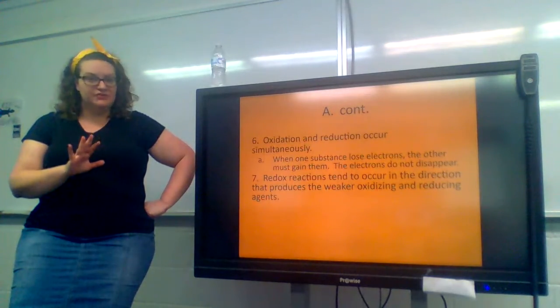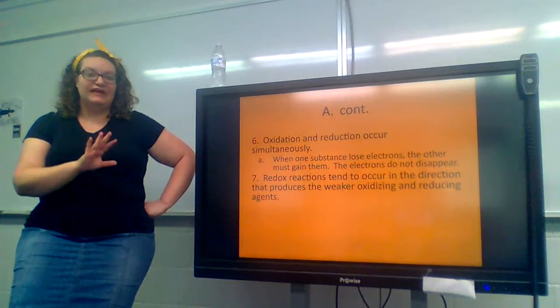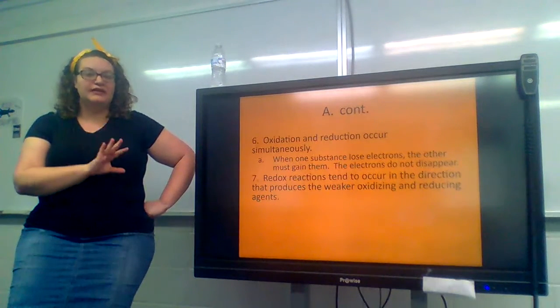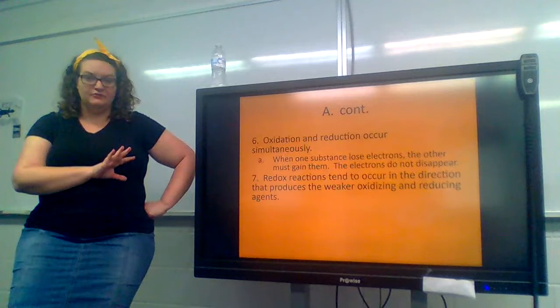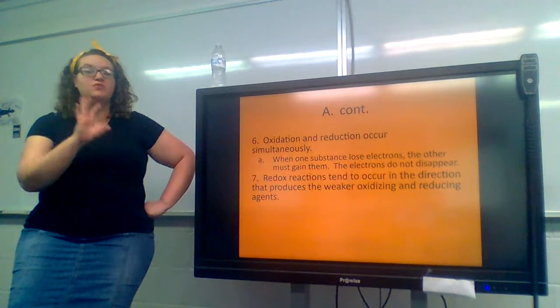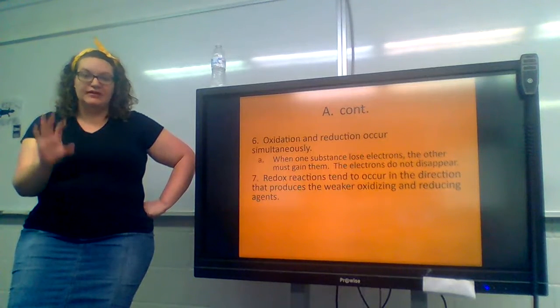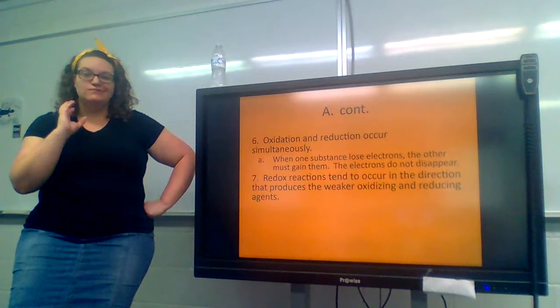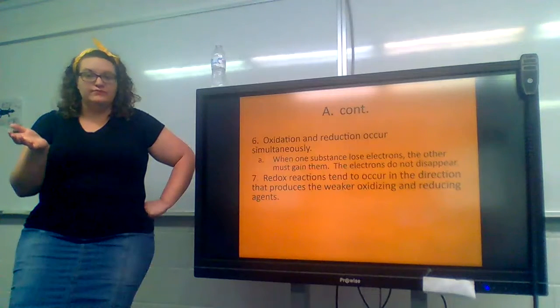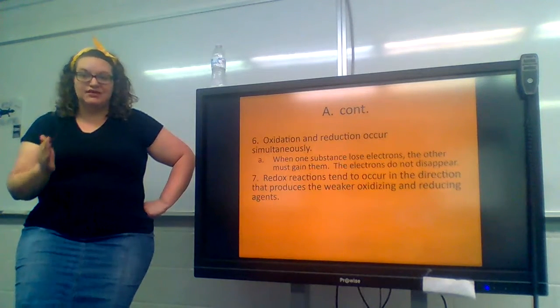Well, elements are no different. They are going to react in such a fashion that they're not putting out all the energy that they have to put out. They're going to produce weaker agents because it doesn't use all of their initial energy. So, atoms are no different than you. They want the path of least resistance just like you would.